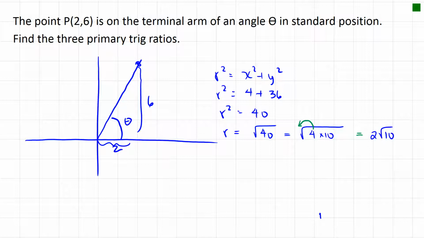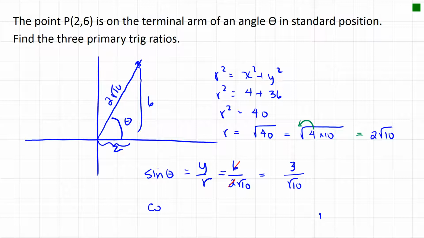So now if I use my definitions for the trig functions, the sine of theta is y over r, y is 6, and the r is 2 root 10. Remember, this is 2 root 10 here. So I can simplify that fraction as well, because 2 divides evenly into the 6, and I get 3 over root 10.